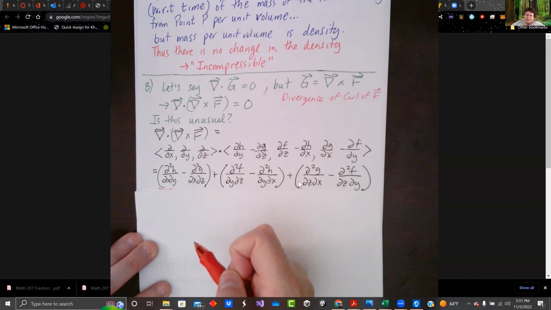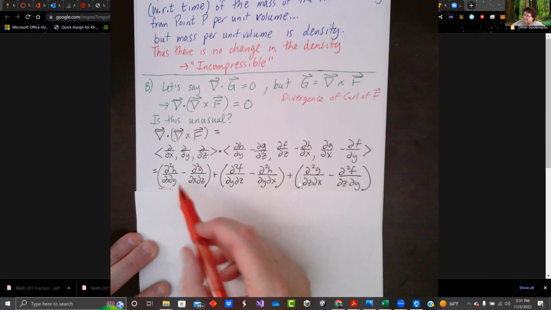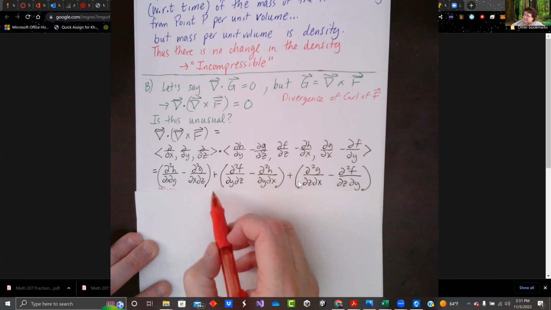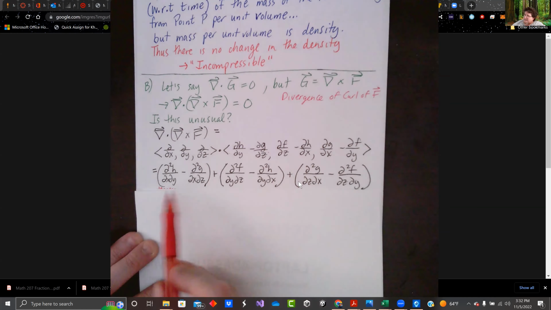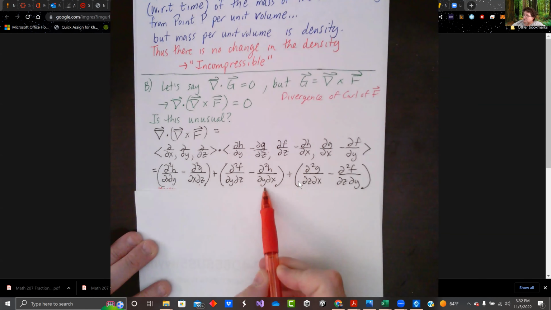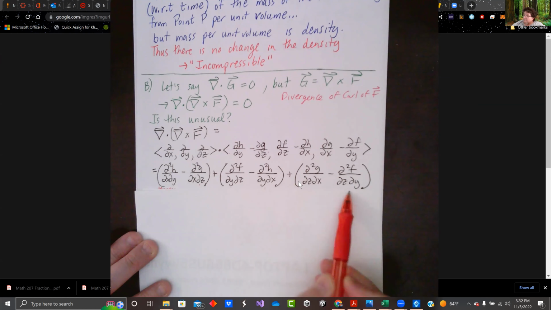We've got the second derivative of h with respect to y, then x, minus the second derivative of g with respect to z, then x. That's the i component, or was the i component. It's no longer a vector because it's the dot product. You go through and do each of these, and you're going to get these values here.